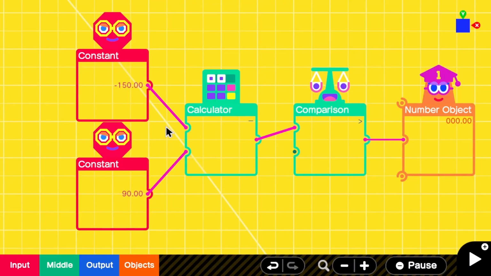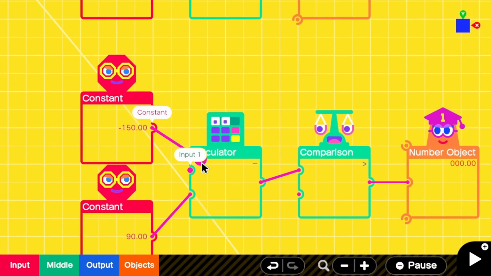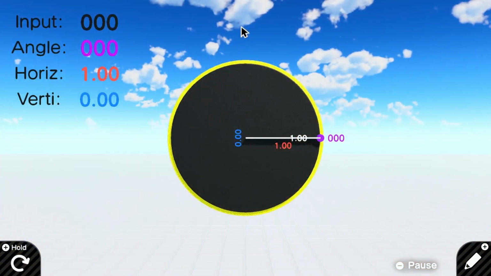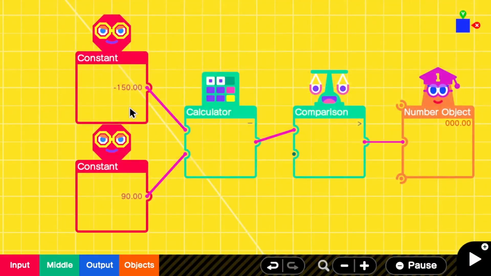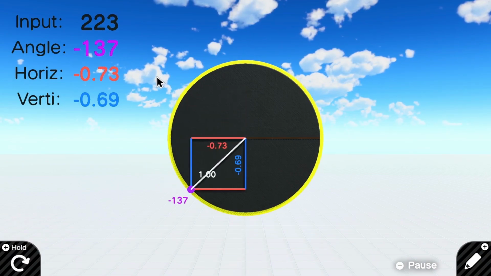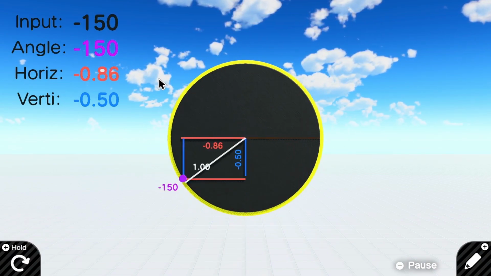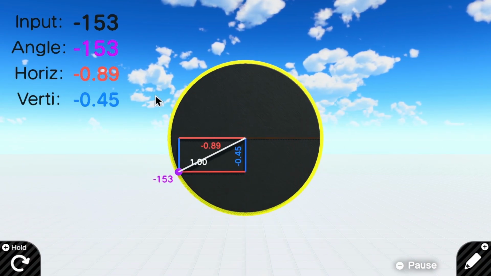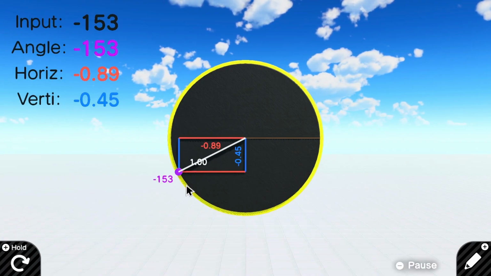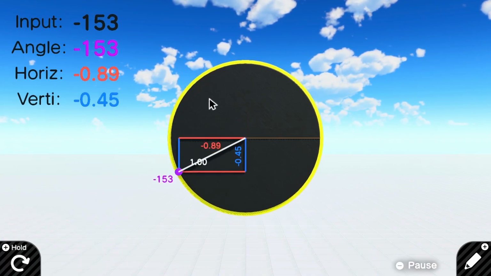Let's say we have an angle and we want to know, when we subtract 90 from it, if the angle will be positive. So for example, here, negative 150, and let's subtract 90 from it. Let's start with negative 150. Now, if we subtract 90 from there, we know that this is going to move 90 degrees up here.